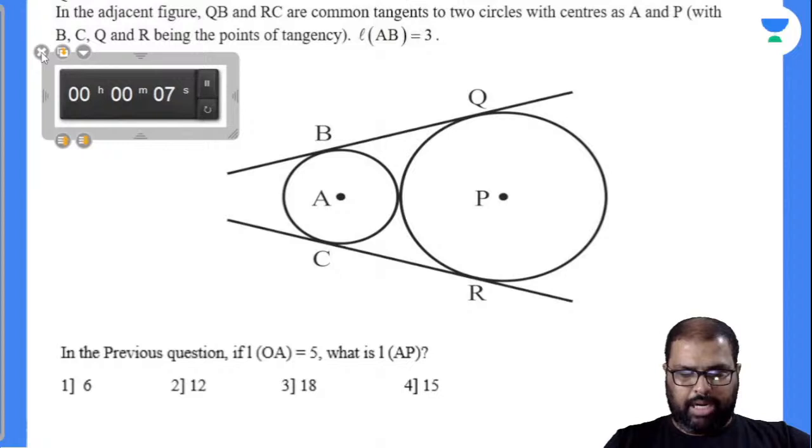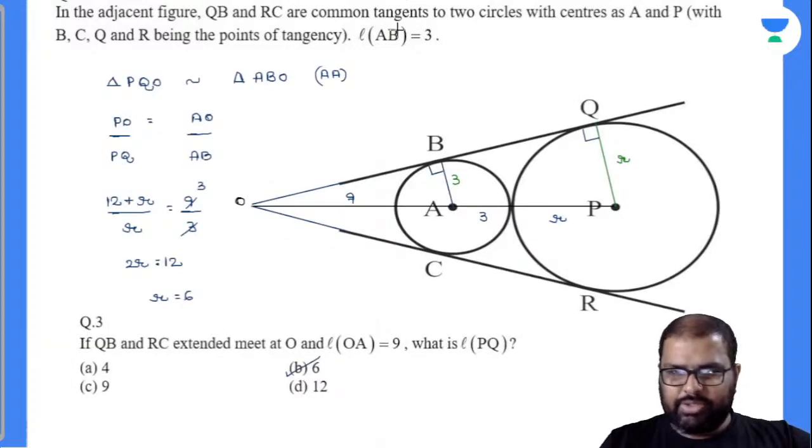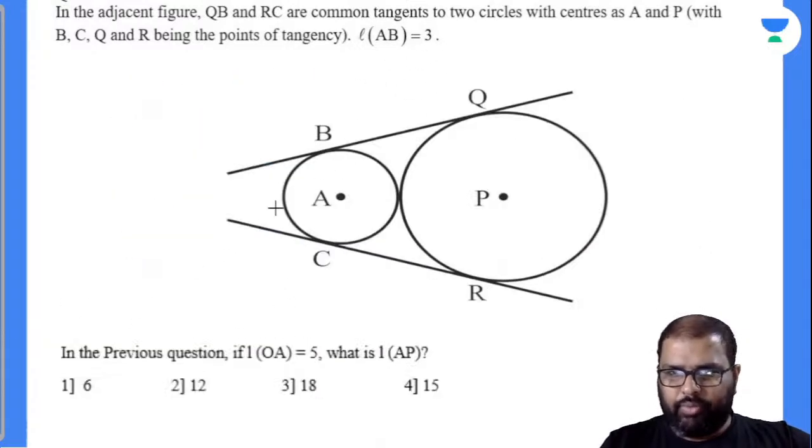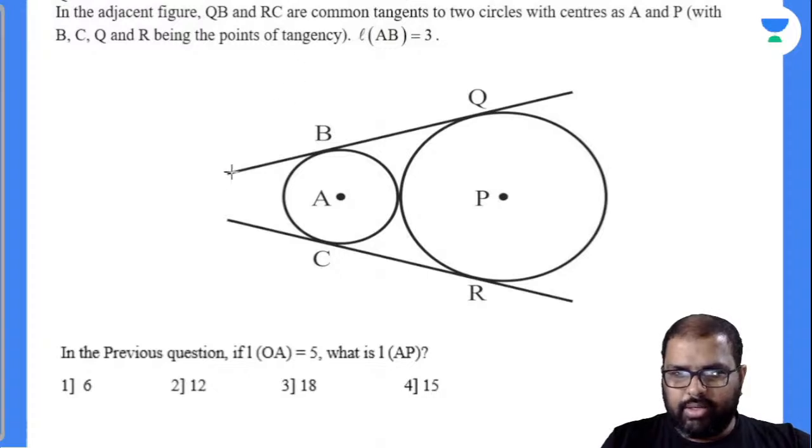You were there in the class just now. What happened? Okay, right, I'll take it down. Same thing, the previous question, QB and RC are extended to meet at O. Sorry, wrong.